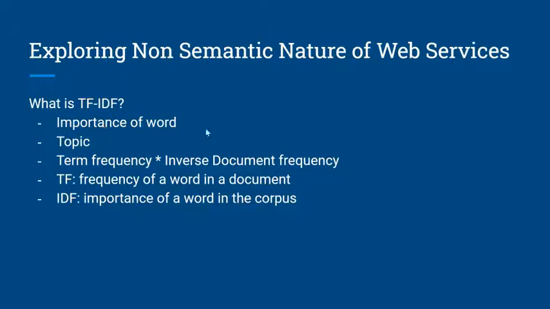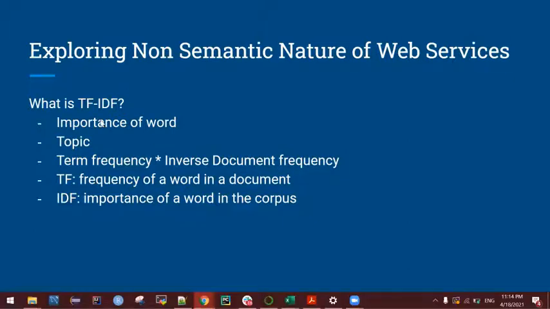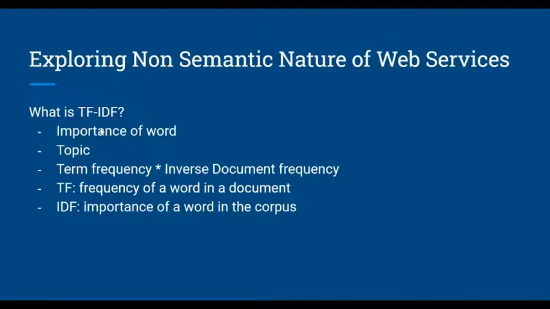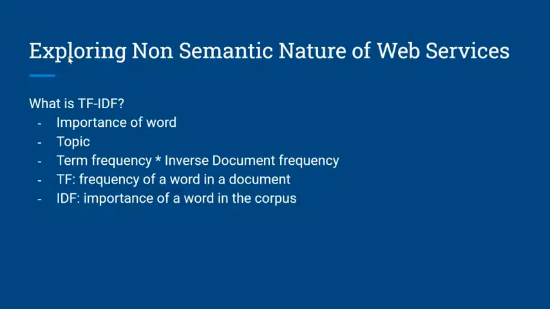Essentially, it is extracting the importance of a word. It's a statistical measure that is used to estimate the importance of a word in a document or in a collection of documents too. The words with a high TF-IDF score are often the words that describe the topic of the document also. So these are very prevalently used in text mining applications.